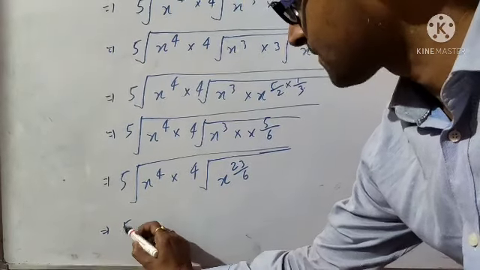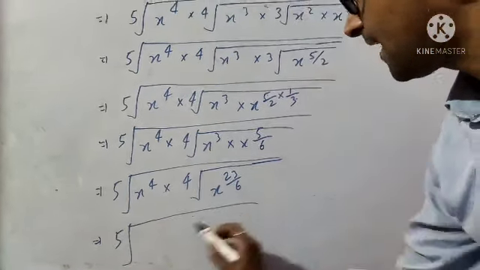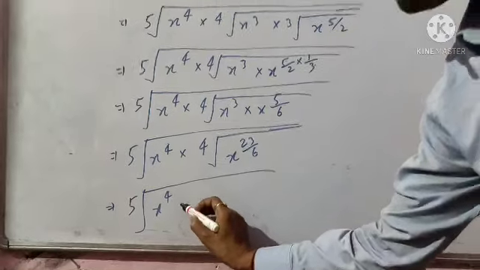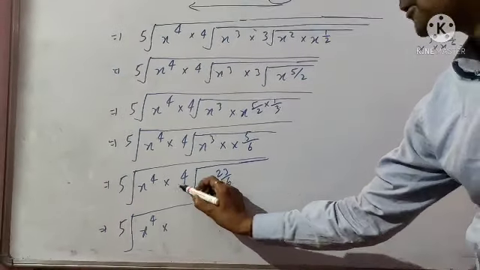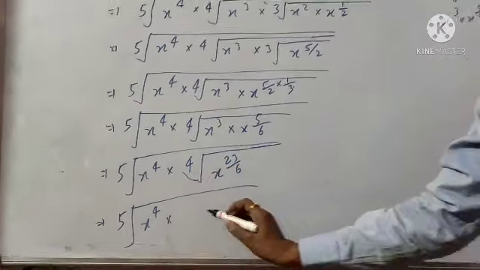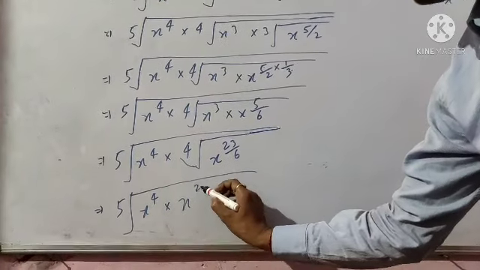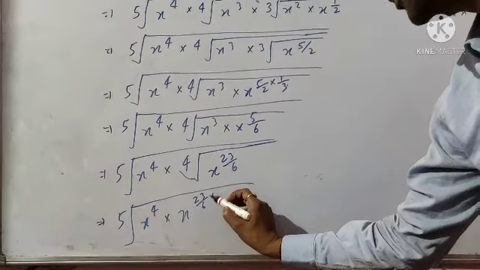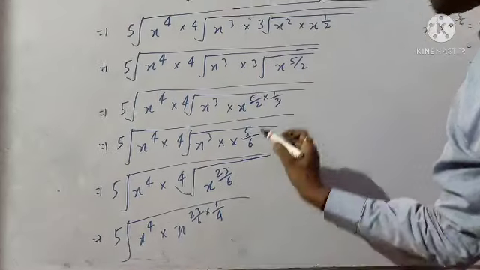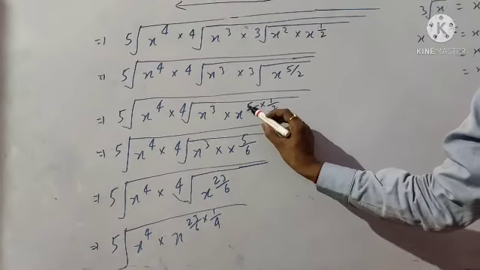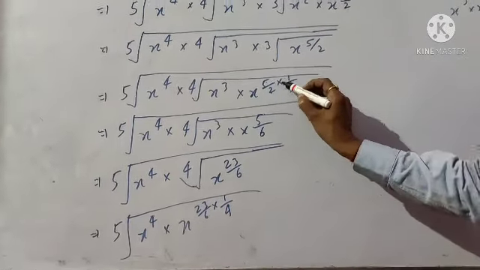Then after, fifth root of x to the power 4 into, here is the fourth root of this value. That means we can write here x to the power 23 by 6 into 1 by 4, just like 5 by 2 into 1 by 3.